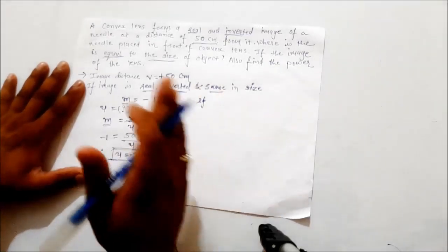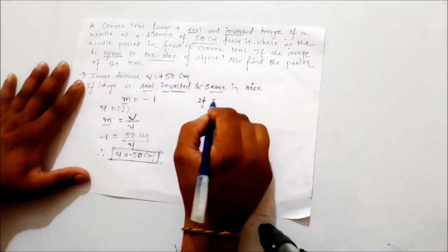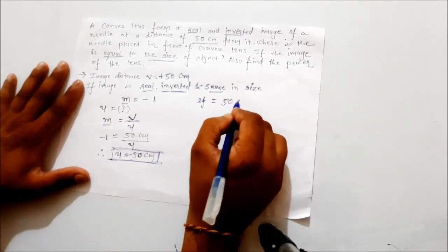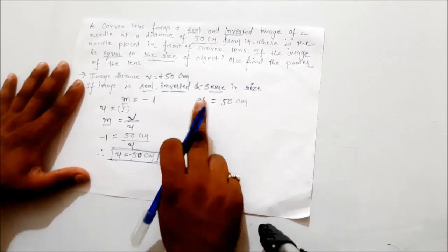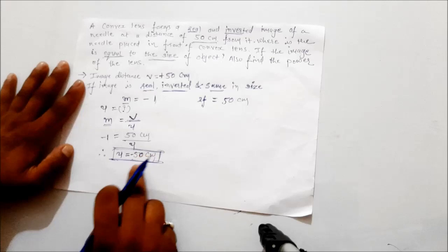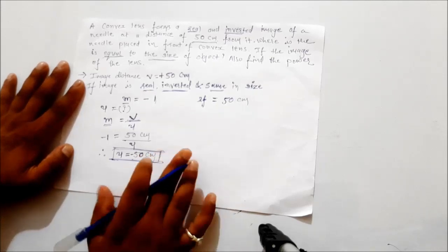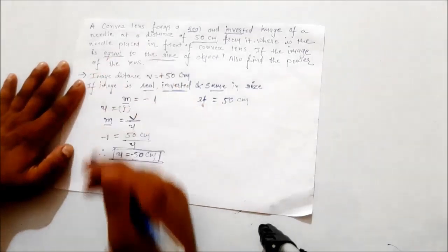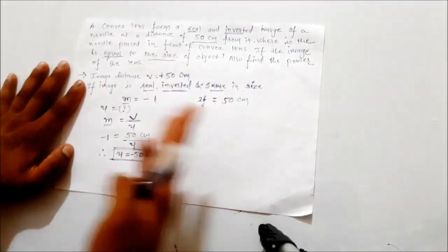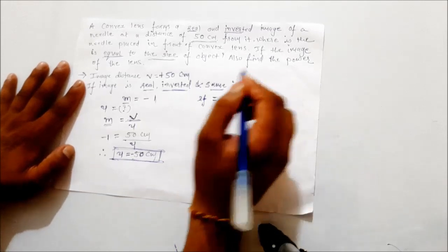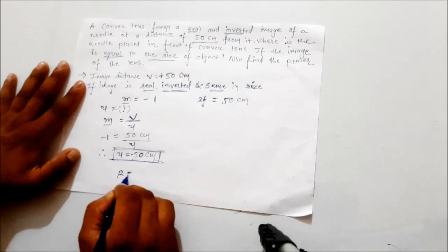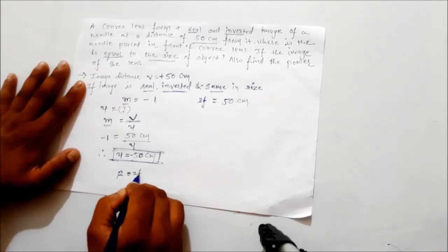We can also do this by applying lens formula 1 upon v minus 1 upon u is equal to 1 upon f. And if you know the cases, then you will know that the same size is only possible when the object is at r, and we know the relation r is equal to 2f. So by this we can know the focal length, right?